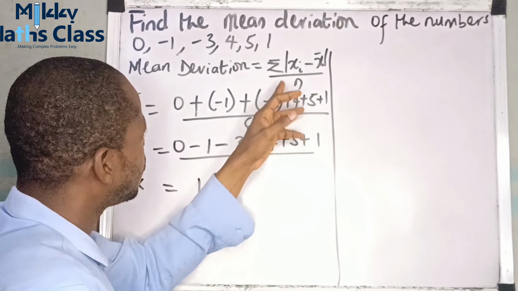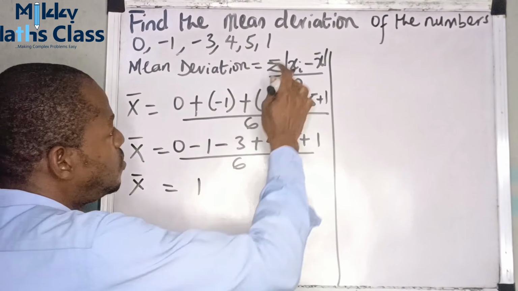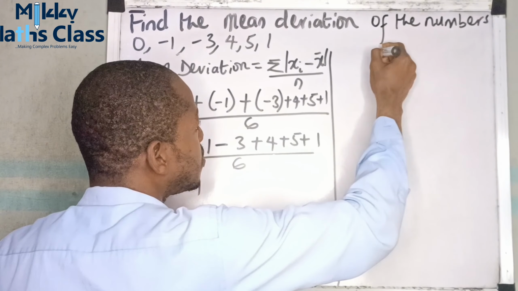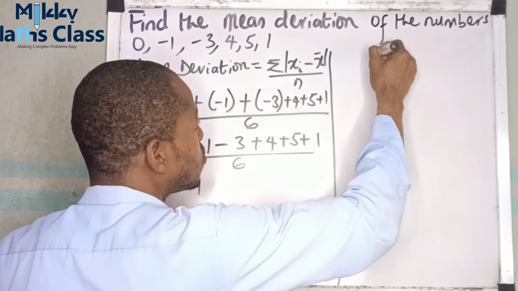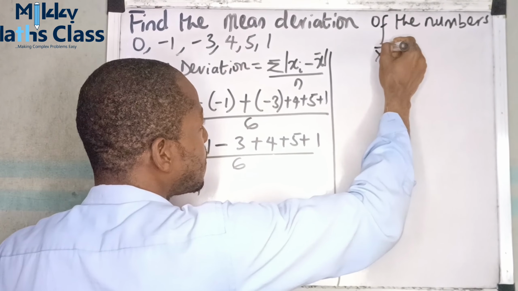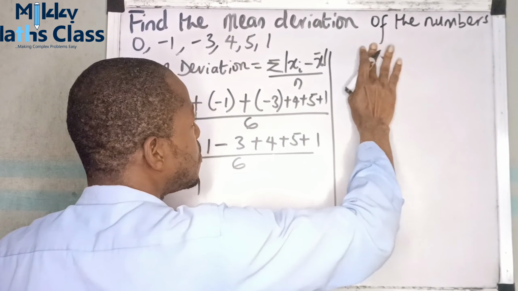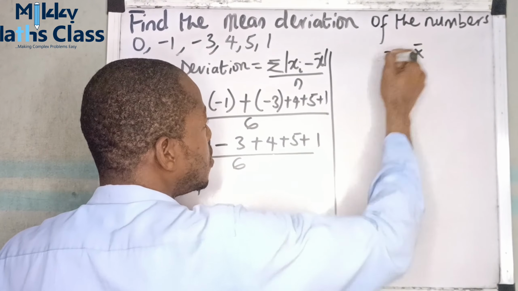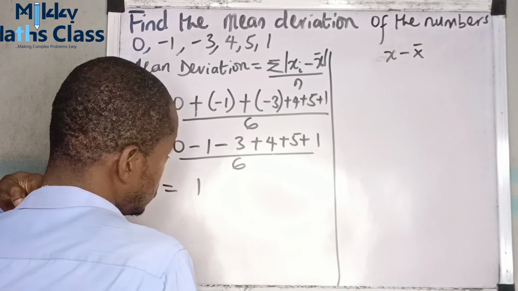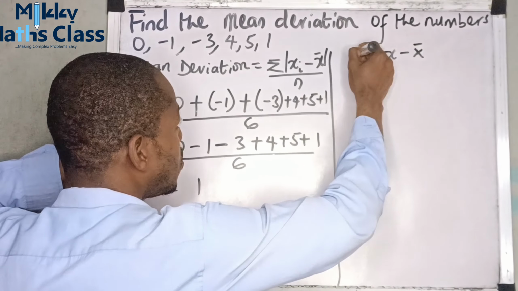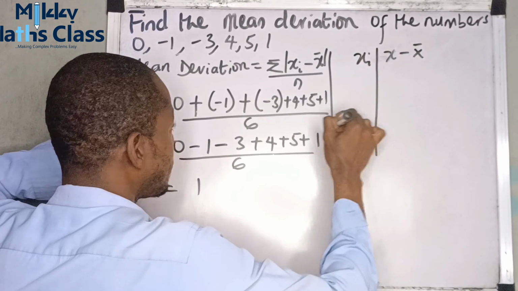Now let's form a table for this, with x, the mean, and x minus x bar. You put your xi here.